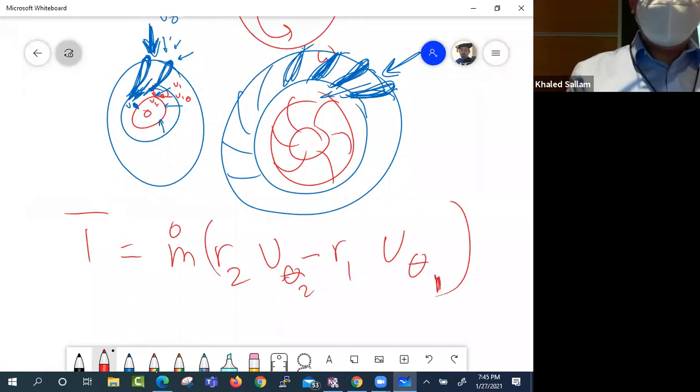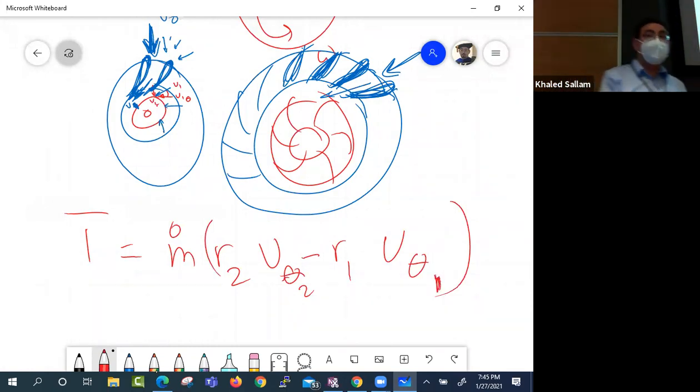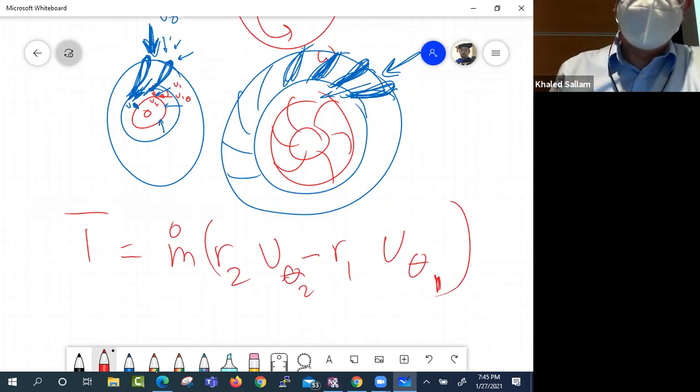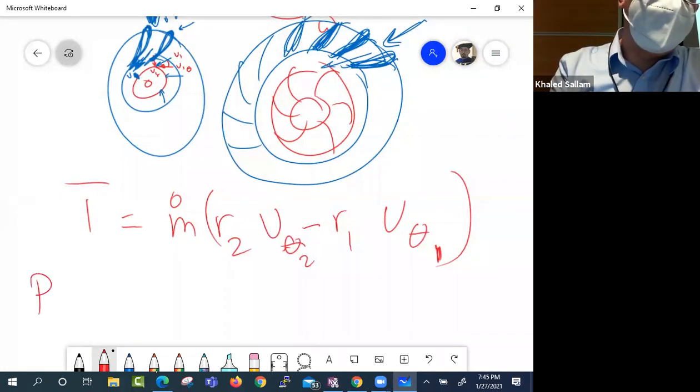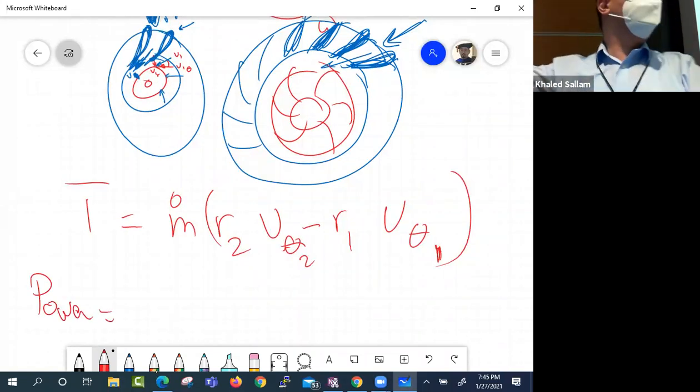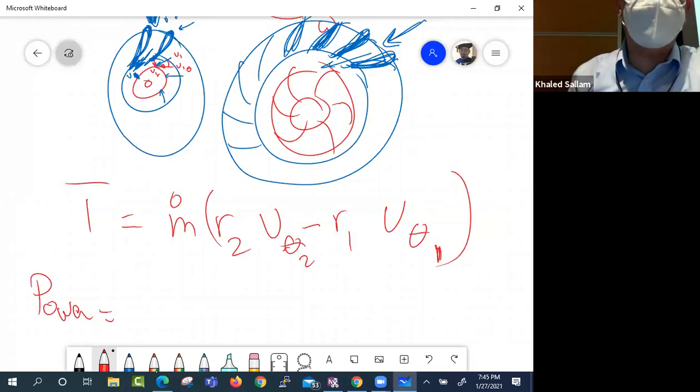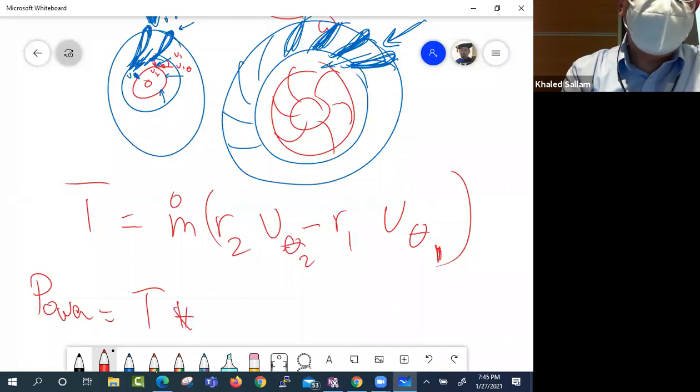So without building that V theta and going into the machine, you will not be able to get a torque. And the power of that turbine, the kilowatt or megawatt, or gigawatt, how much power you're going to get from that turbine, is torque multiplied by omega.